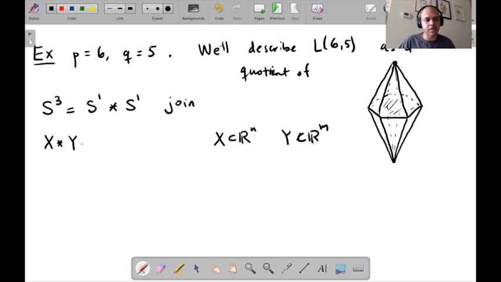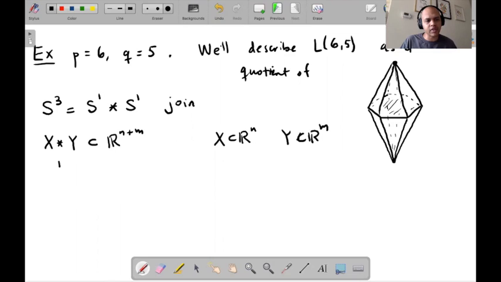Then there's this operation called the join, which is a subset of R^(n+m).